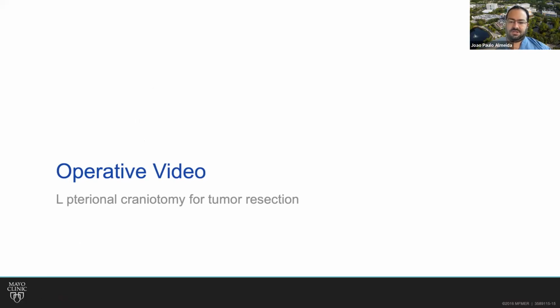Devascularization allows early identification of the ipsilateral optic nerve, and therefore it allows early vascular control that can be used as a roadmap to reach the contralateral side, as you're going to see in this case. So let's see what you have.